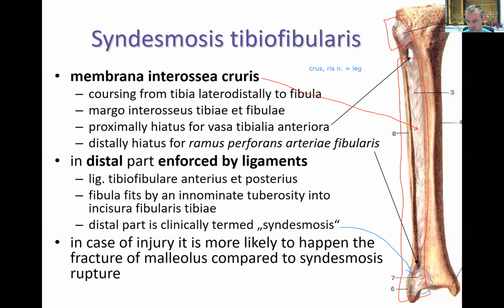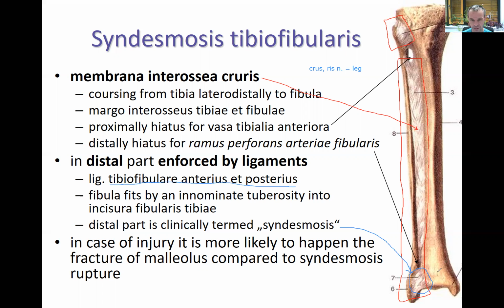But here at the end, unlike the wrist, here above the ankle, we find the syndesmosis, which is a fibrous structure, quite thick. In anatomy, it is not a special term. It's just the distal part of the tibiofibular syndesmosis. But in clinics, if you talk about the tibiofibular syndesmosis, you just mean this part, which is strengthened by the anterior and posterior tibiofibular ligament.